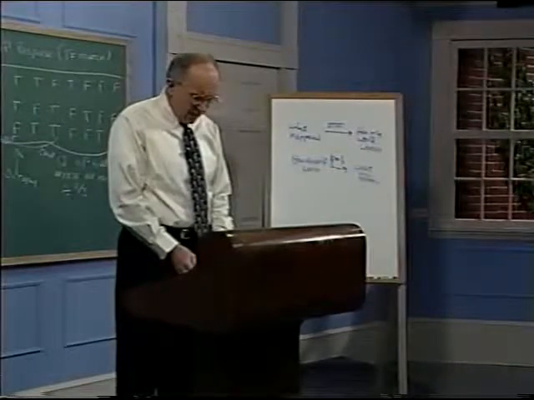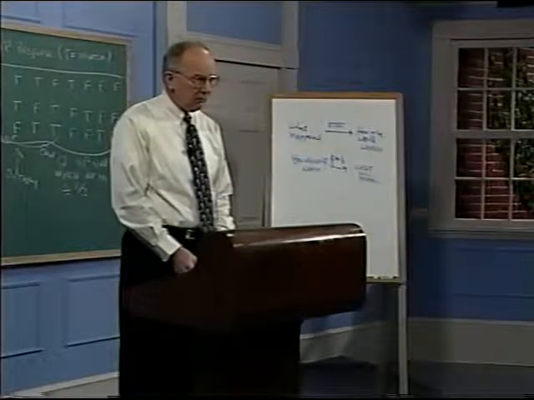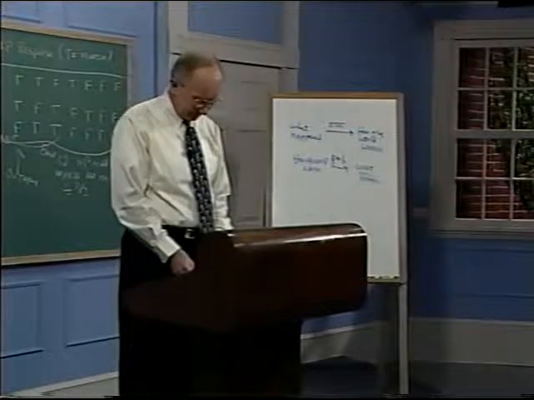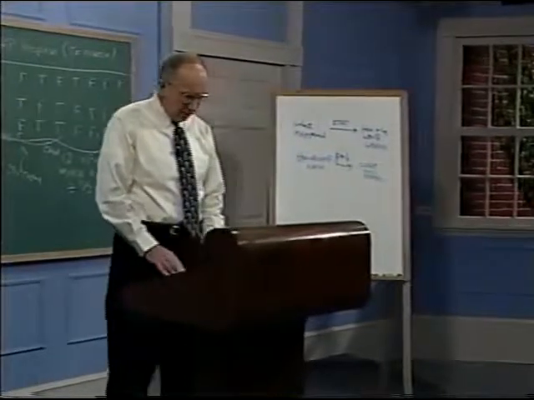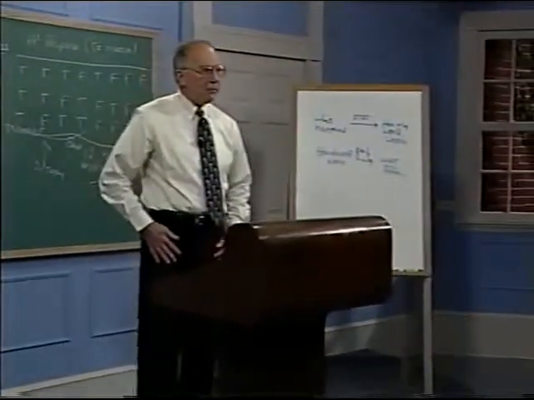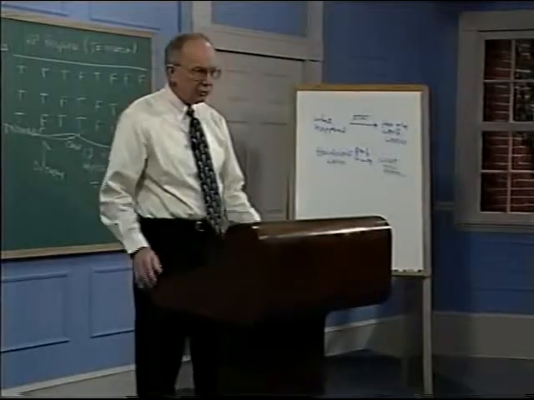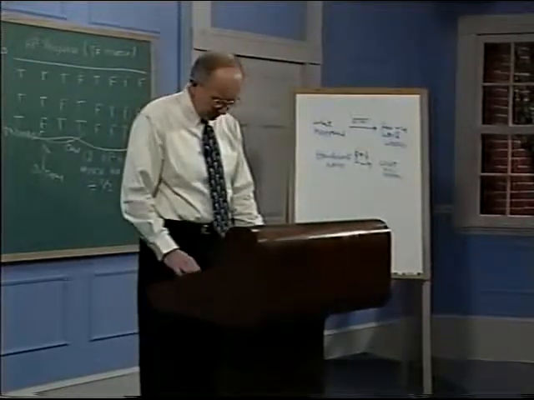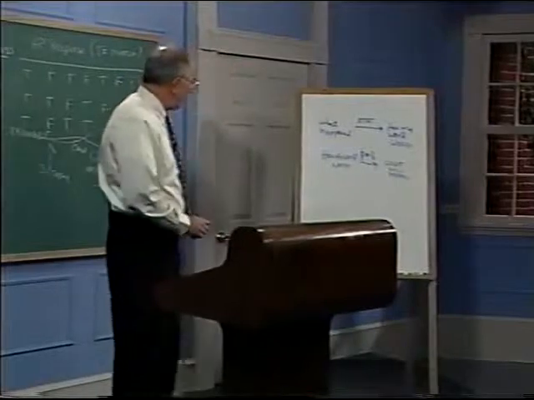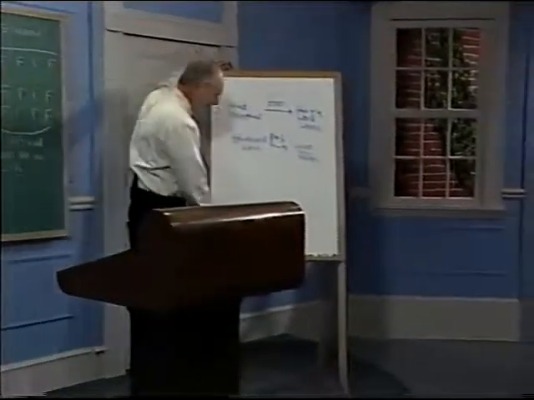Now, let me talk about probability versus the odds. The probability that an event will happen is related to the odds at which that event will take place. So let's go to the horse races just for a minute.